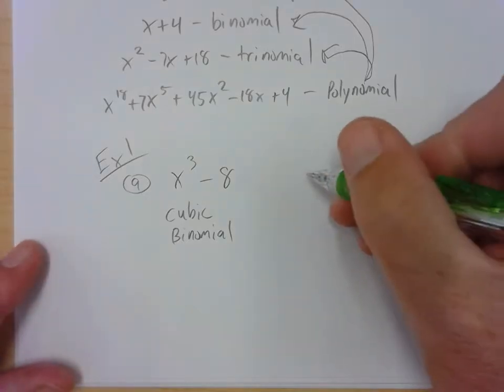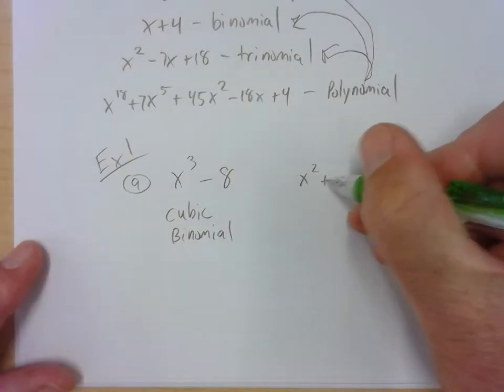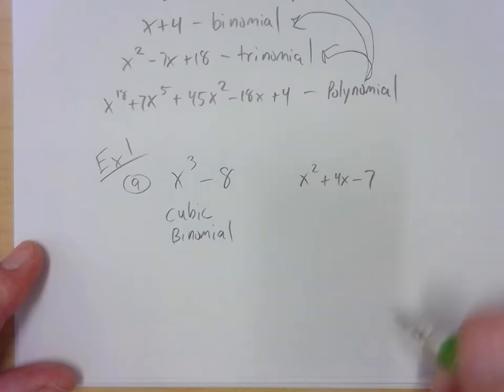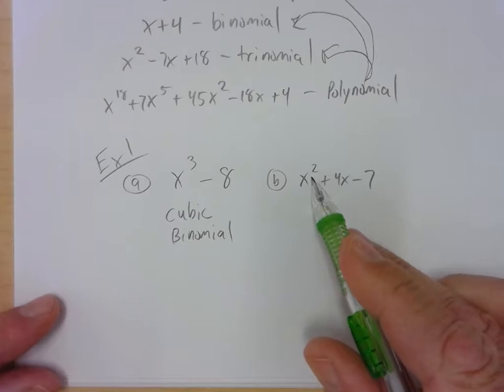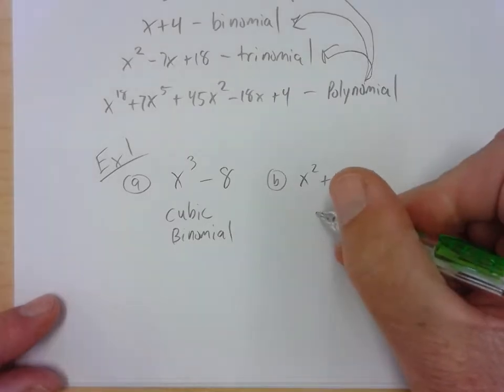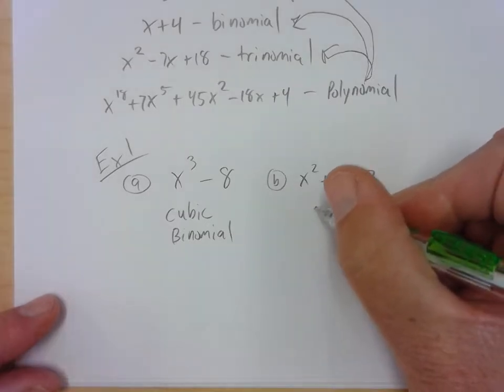If you had x squared plus 4x minus 7, this would be B. This is a trinomial, and it's squared, so it's a quadratic trinomial.